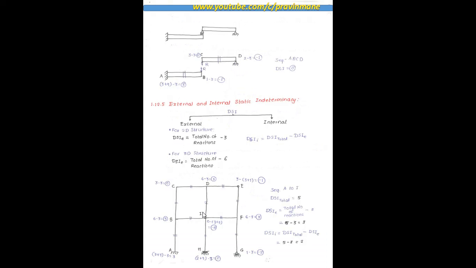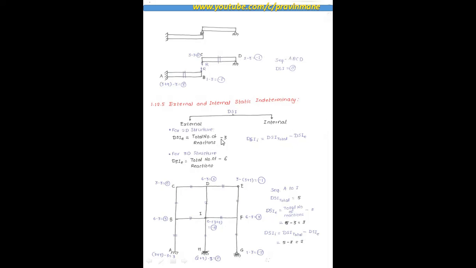Then external and internal static indeterminacy. We have already studied internal static indeterminacy. There are two types, external and internal. As far as external is concerned, for a 2D structure, degree of static indeterminacy external is equal to total number of reactions minus 3.